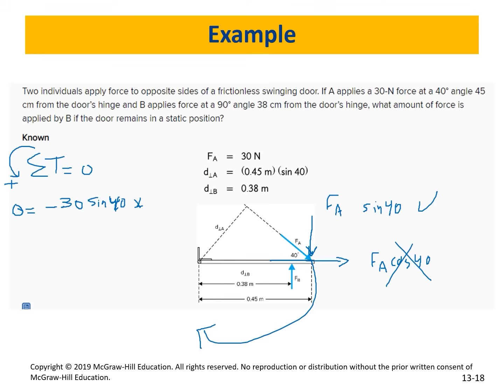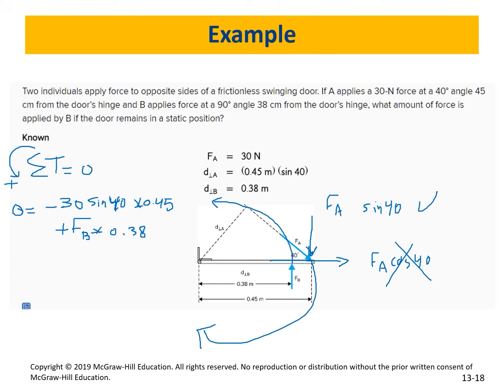How much is the distance between Fa and the center of rotation? 0.45 meters, right? So you put 0.45 meters. We good with this one? Now, the other force is Fb, and Fb is going to rotate counterclockwise, so that's positive, plus Fb. I don't know what Fb is, correct? But I know the distance is 0.38, so Fb multiplied by 0.38. We good? Make sense?